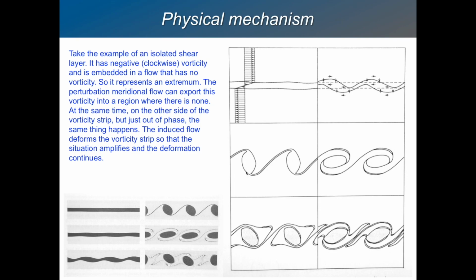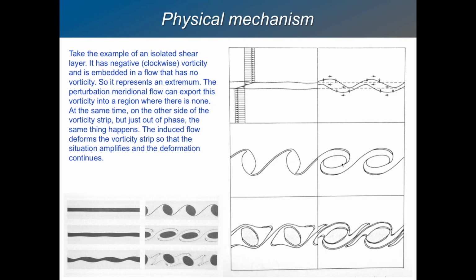This is linear, and it becomes nonlinear very quickly, so it wouldn't really be susceptible to our linear analysis, but it's the mechanism, the vorticity advection by the secondary flow, which produces this amplification of the initial anomaly. So this is a computer simulation.